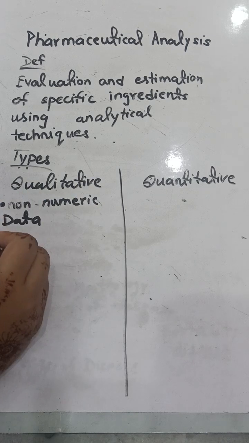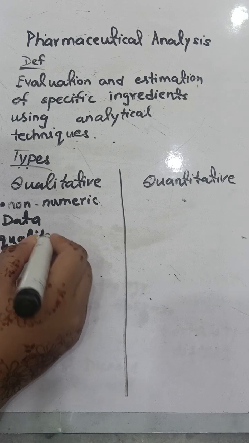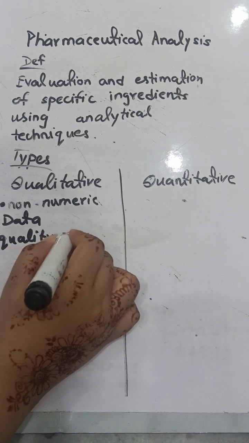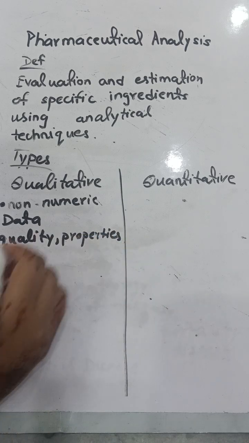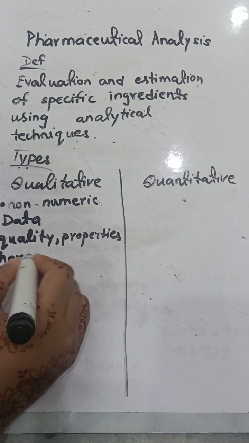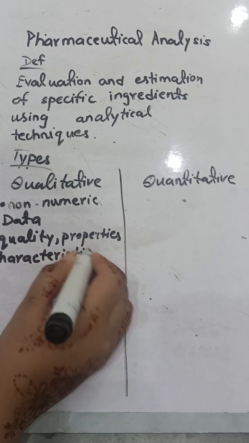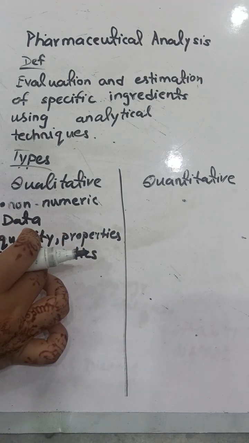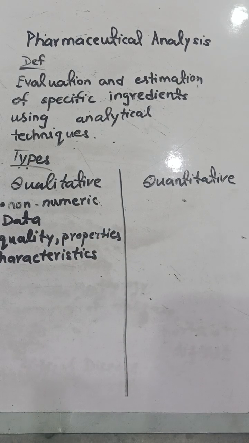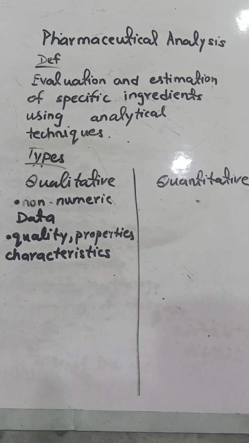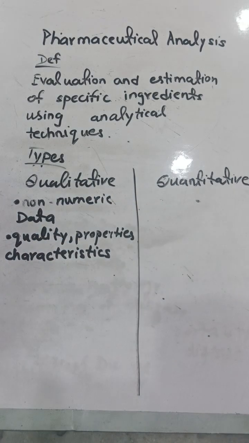It contains the quality, some properties, and some characteristics of any drug or specific substance. It has no numerical value, just the quality, properties, and characteristics of that particular substance which we are dealing with. Now we will move to the quantitative one.